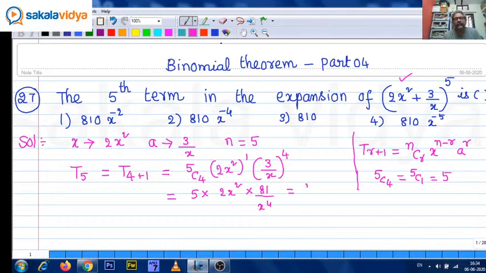This is 810. So x square by x to the power of 4 means 4 minus 2, 2, x square in the denominator. So this can be rewritten as 810 x to the power of minus 2. As a negative power we can express it. So first option is the right option.